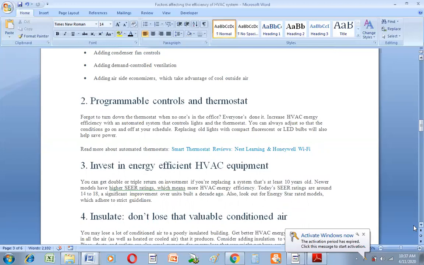This is also one of the things, that investing in HVAC equipment will last at least 10 years. And we have to replace the HVAC system which is 10 years old, so newer models have higher efficiency. So we have to replace the HVAC system after 10 years.